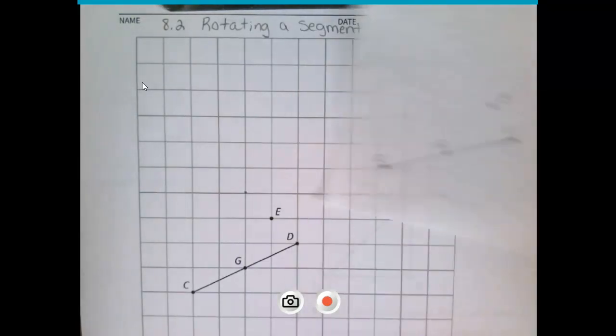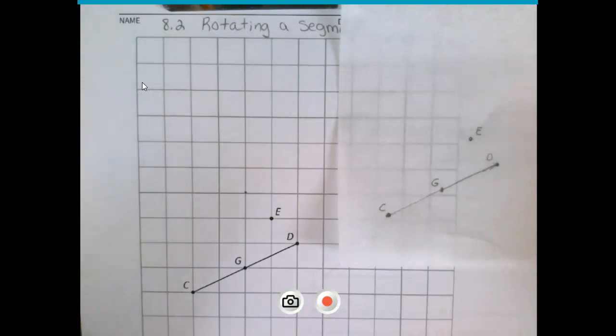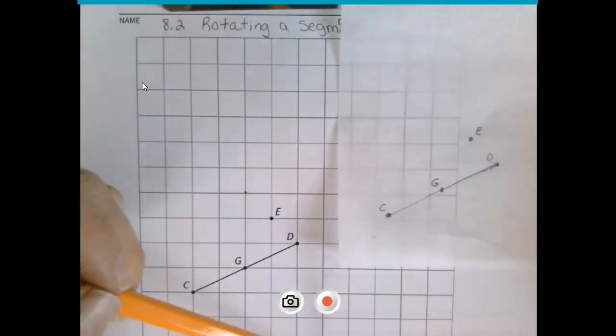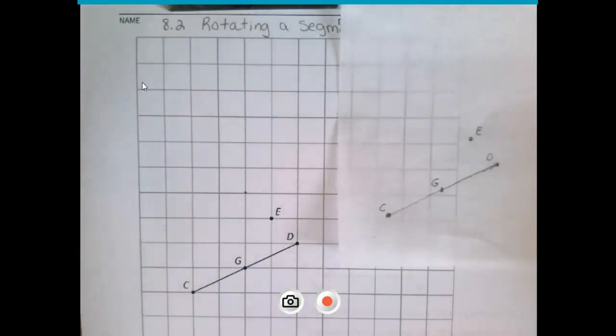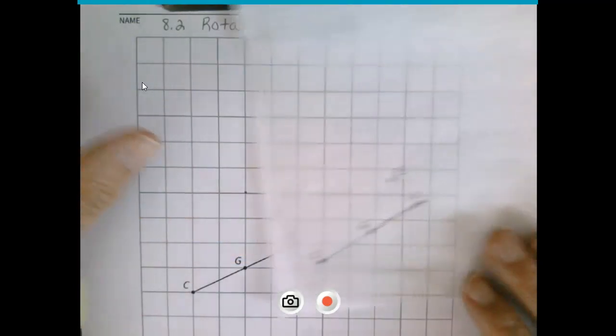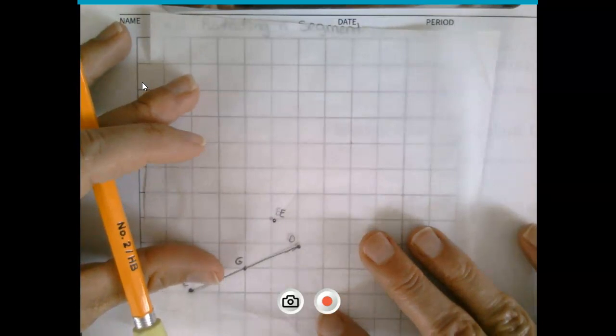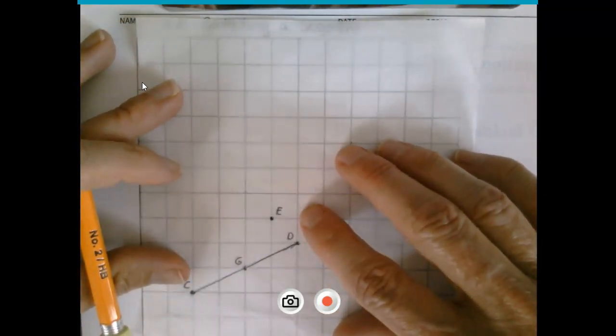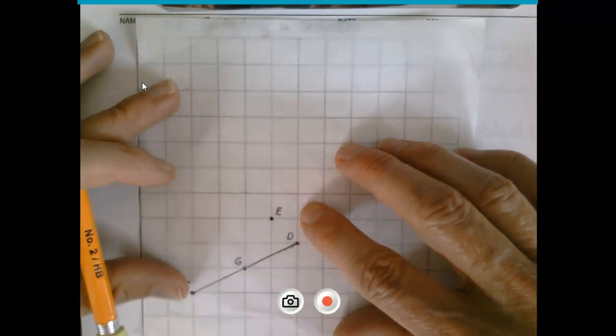Okay, so the first question tells you, rotate segment CD, this is CD right here, 180 degrees around D. Okay, so let's do that part first. And as you notice, when it told us to do the rotation, it didn't tell us to do it clockwise or counterclockwise. So I think we're going to try it both ways and see what happens.